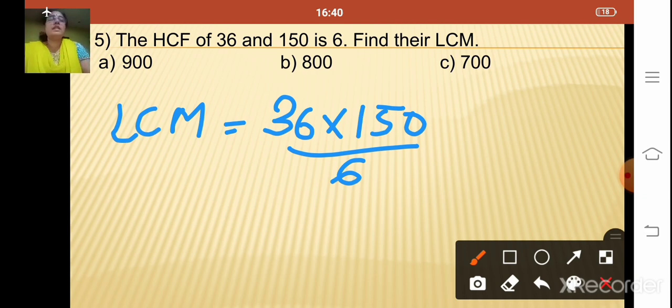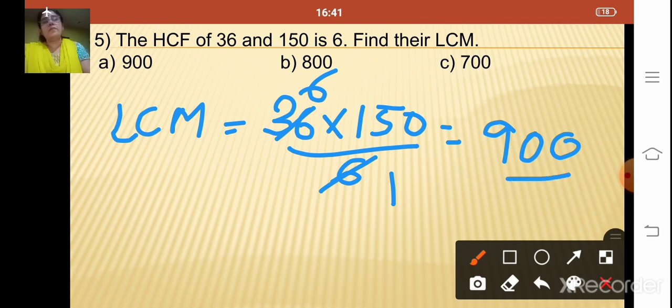You can use the cancellation method here. 6 ones are 6, 6 6s are 36. 36 is easily divisible by 6. Now 150 into 6, when you multiply the two numbers, you will get the answer as 900. So your correct option is A1.